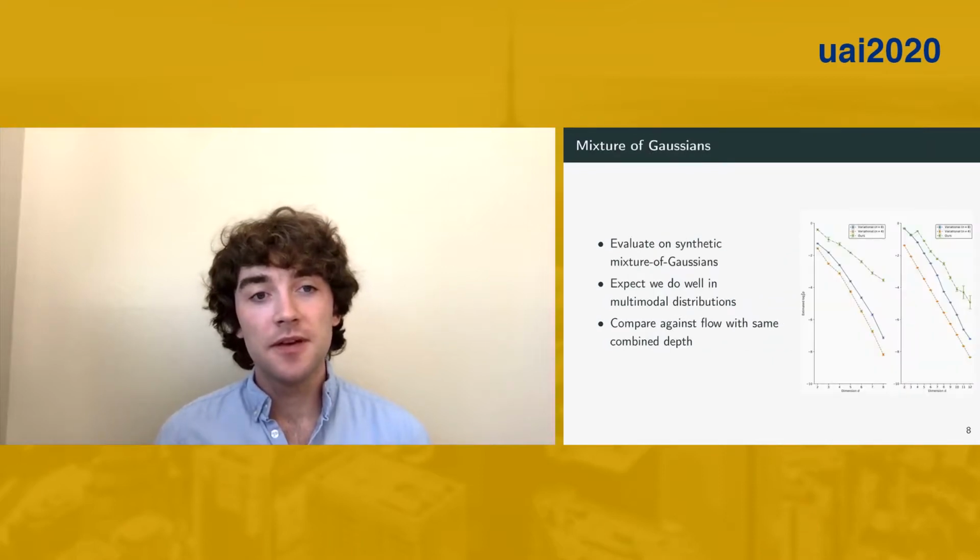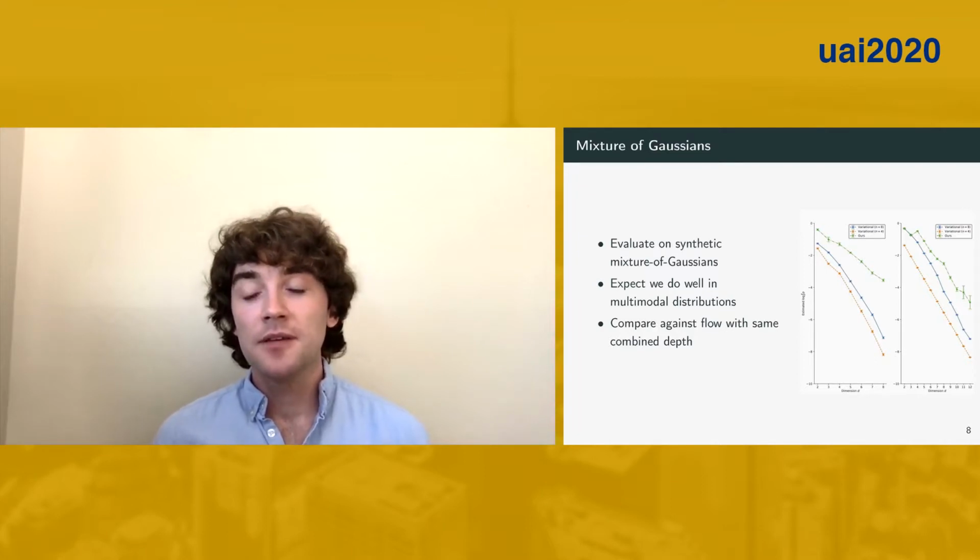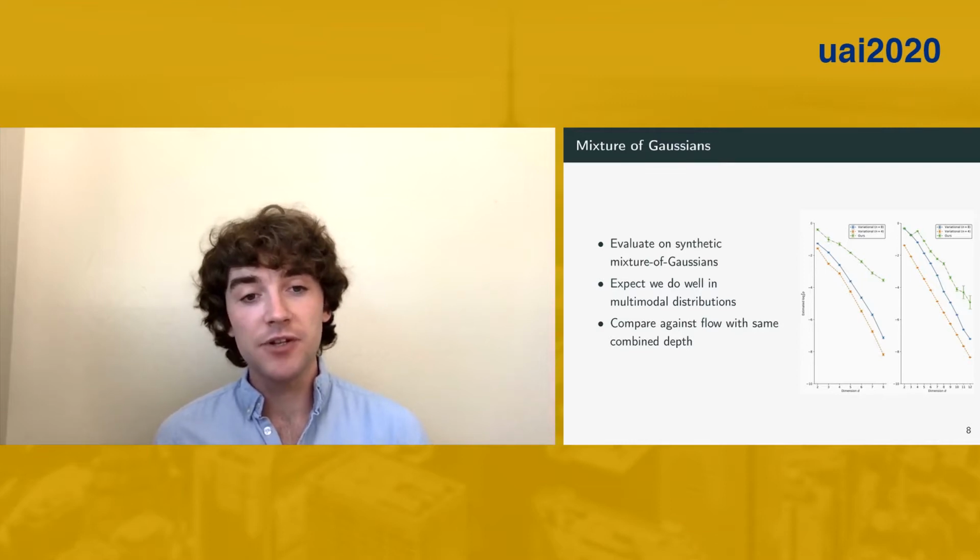So does our method work experimentally? We have some results on some synthetic data sets. This data set in particular is a very highly multimodal data set, a mixture of Gaussians, and we show that our method actually does better than the baseline, which is the same set of flows, but just using a normal variational approach instead of our sampling regions approach.